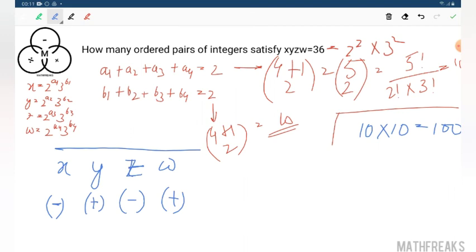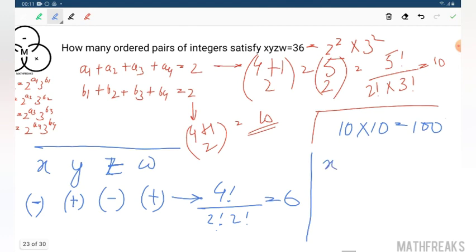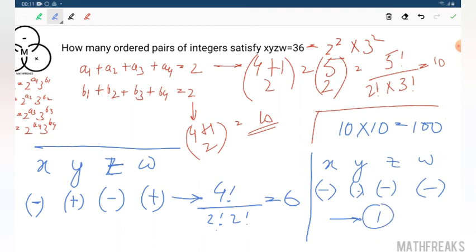We can arrange the negative and positive things in 4 factorial over 2 factorial, 2 factorial, which equals 6 ways, and all of them can be negative. That is another case. x, y, z, w, all of them negative. This is also a possible case. There is only one option. This was for the positive cases.